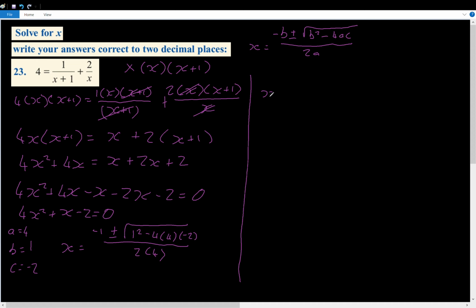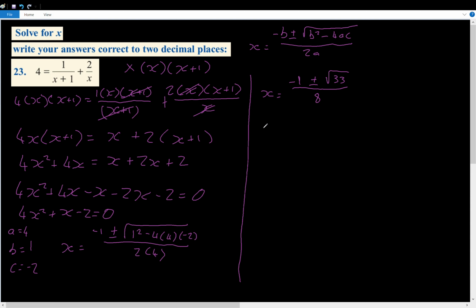So x is going to be equal to minus 1 plus or minus, and then under our bracket 1 squared is 1, minus 4 times 4 is minus 16, and minus 16 times minus 2 is going to be plus 32. So 1 plus 32 is going to be 33, so the square root of 33. And then on the bottom we're going to have 2 times 4, which is 8.